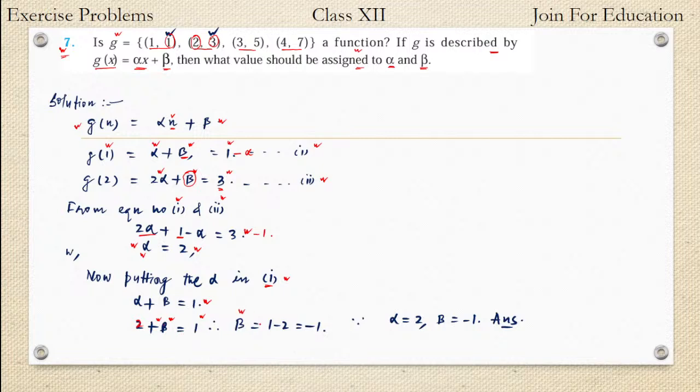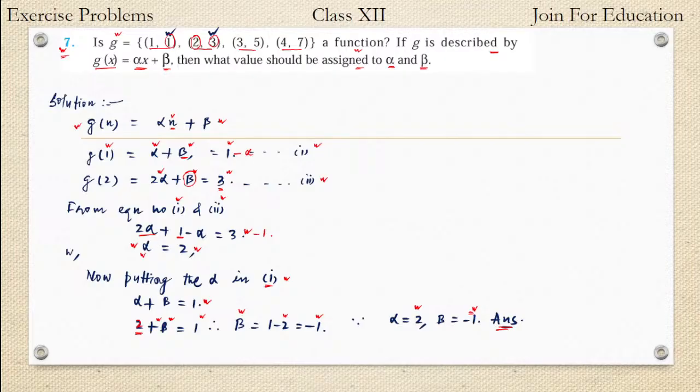Therefore beta equal to 1, and this 2 moves to the right hand side, therefore I have written minus 2. So beta equal to minus 1. So from the working it is clear that alpha equal to 2 and beta equal to minus 1. So this will be the answer of this question.